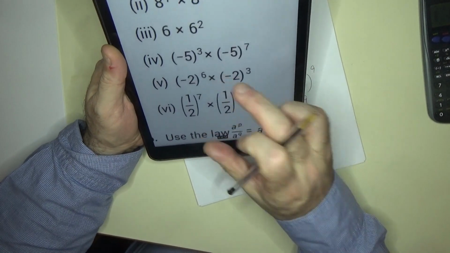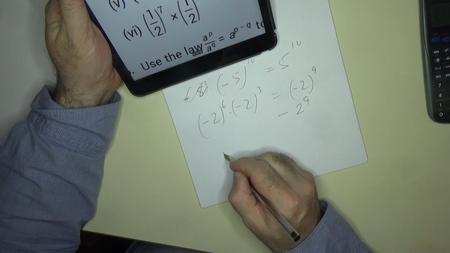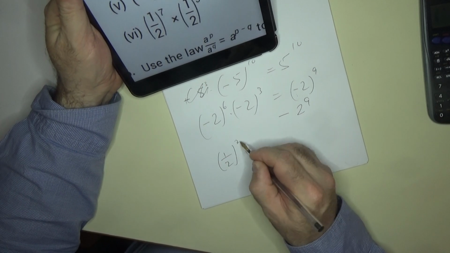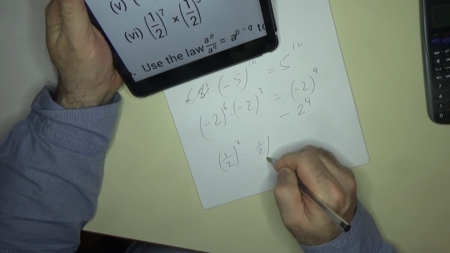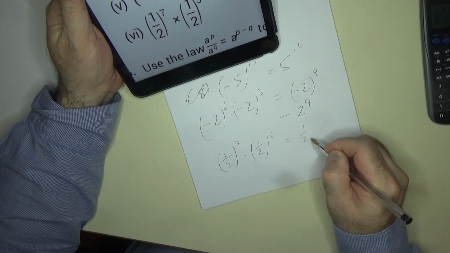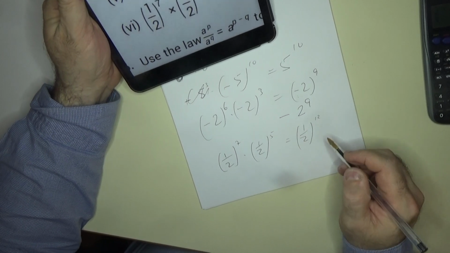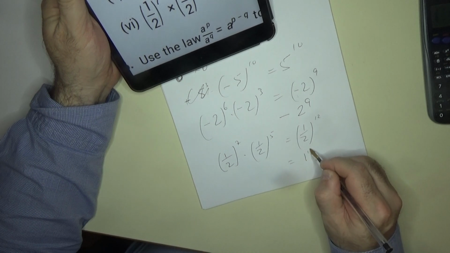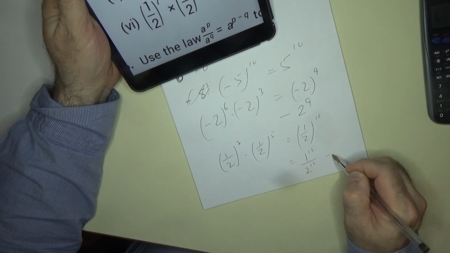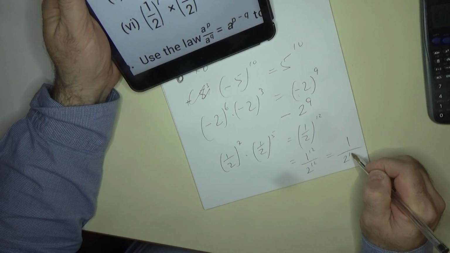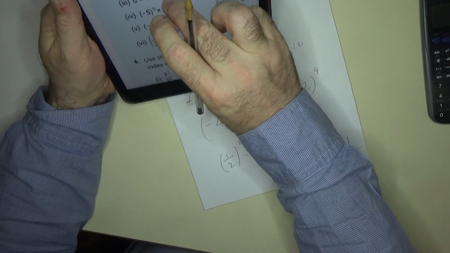And we're coming down now to this half, which we're going to have to deal with. You have a half to the 7 times a half to the 5. Well, first and foremost, it's a half to the 12. But you could also then say that's 1 to the 12 over 2 to the 12, or it's 1 over 2 to the 12. Now it really depends.